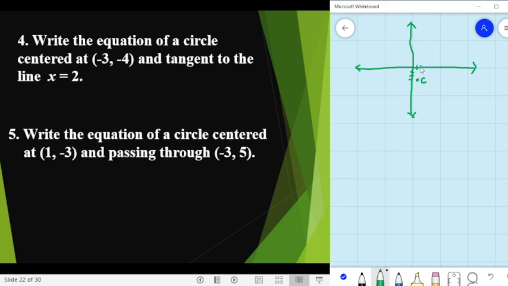So it is in, 1, 2, 3, this is -3 and 1, 2, 3, 4, 5. Okay, it is in quadrant 2. So meaning the circle is passing through here.